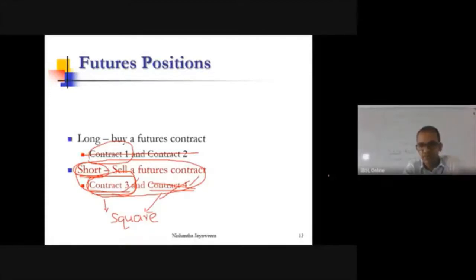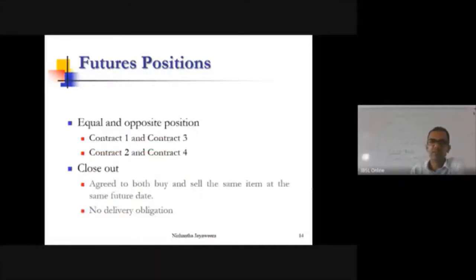So that is common for any instrument, not only for futures, even a bond, foreign exchange position, or commodity position, anything. That is common. So equal and opposite positions. So contract 1 and contract 3. As I mentioned, contract 1 and contract 3, if you remember, both are on euro dollar September delivery. So these are equal and opposite positions.